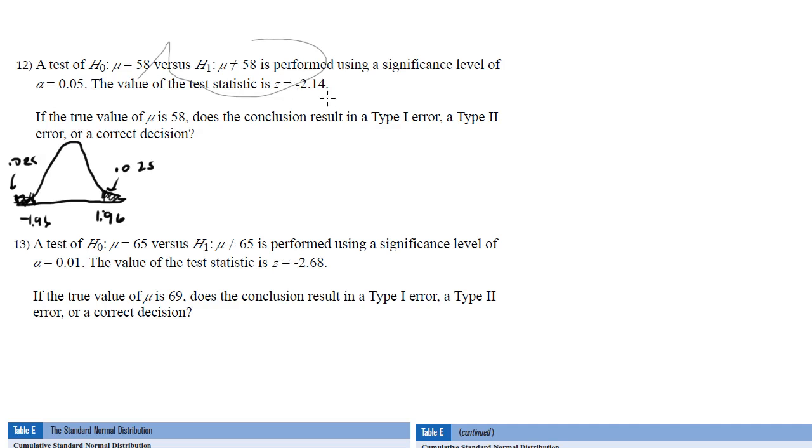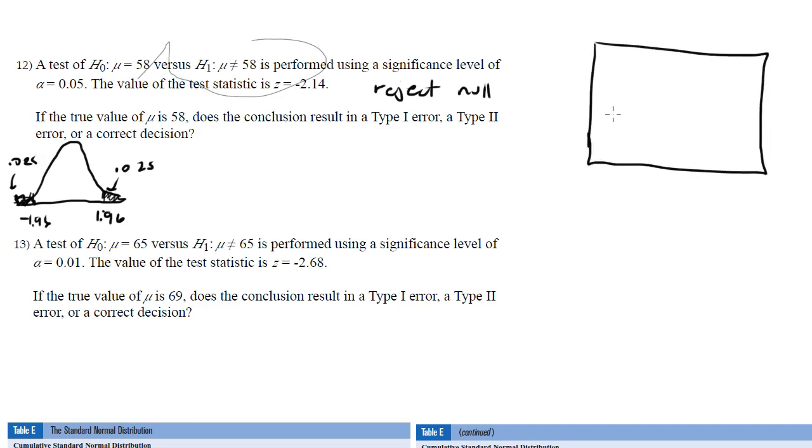Negative 2.14 is here in the critical region. So reject the null hypothesis. Thinking about a number line, negative 2.14 is here. In the critical region, reject the null hypothesis.